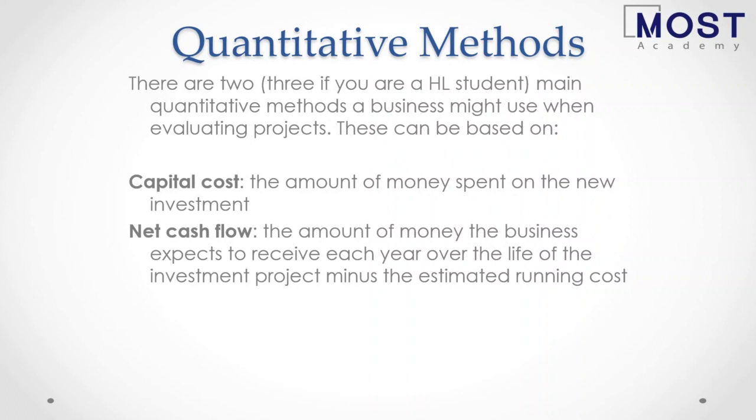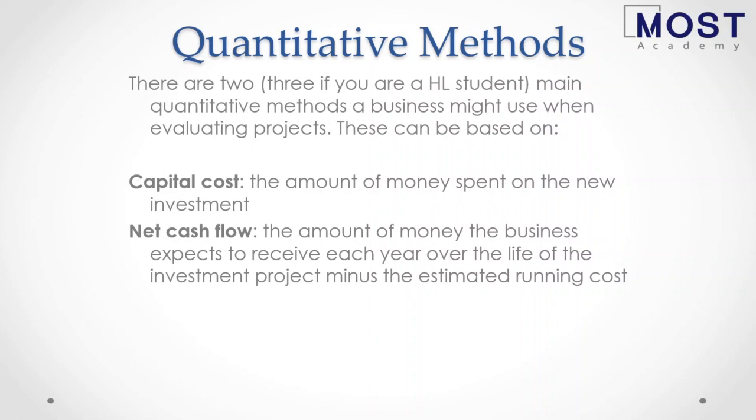It's a very long project most of the time. So every year there's going to be an expected amount of cash flowing into the business, and obviously there's going to be an estimated running cost per year. So let's say there's year 1, year 2, year 3, year 4, and year 5.